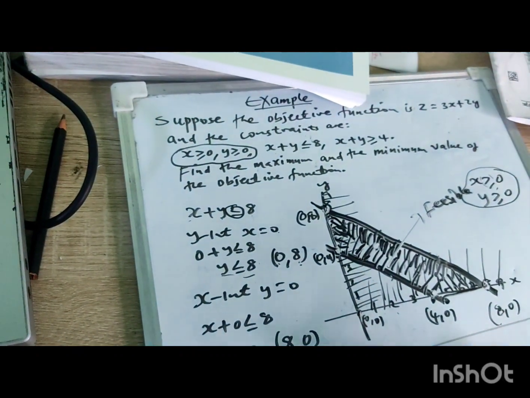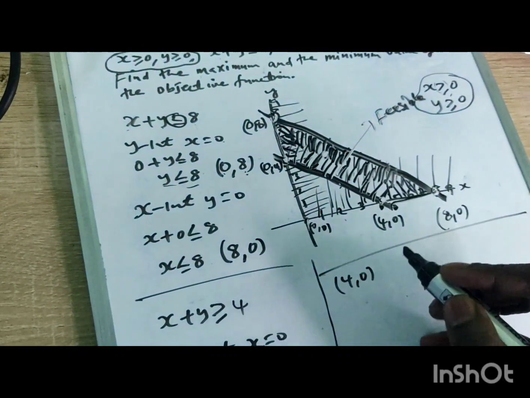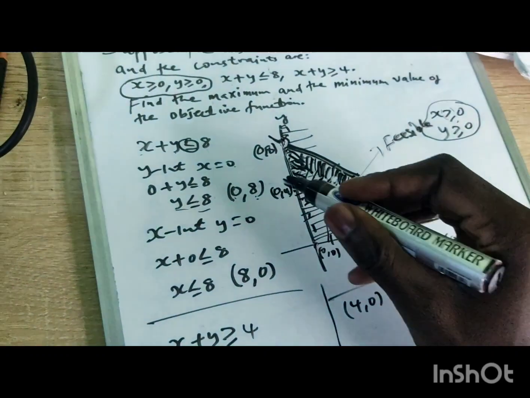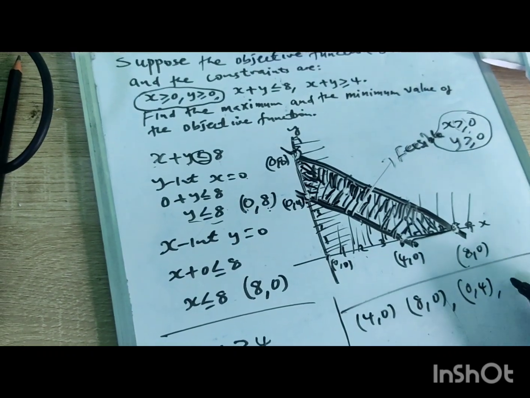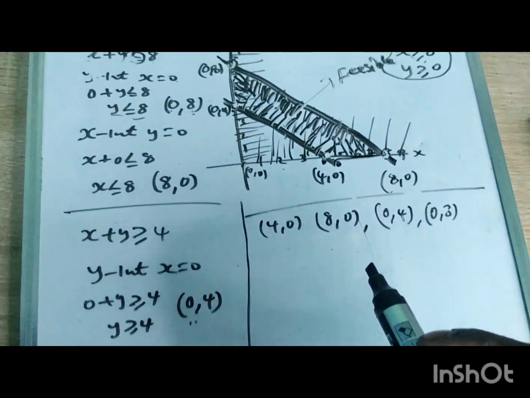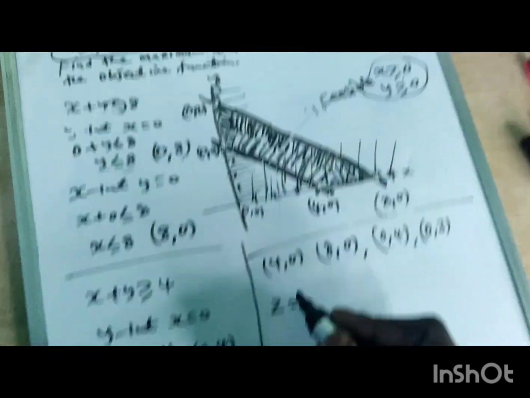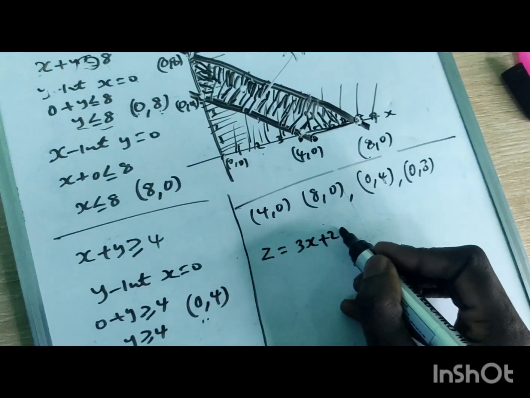Let's take this objective function, the equation for that is 3x plus 2y.